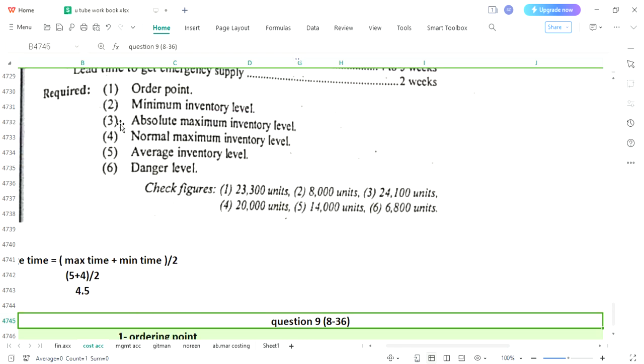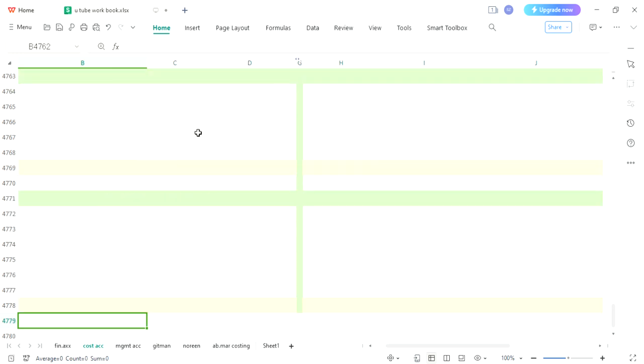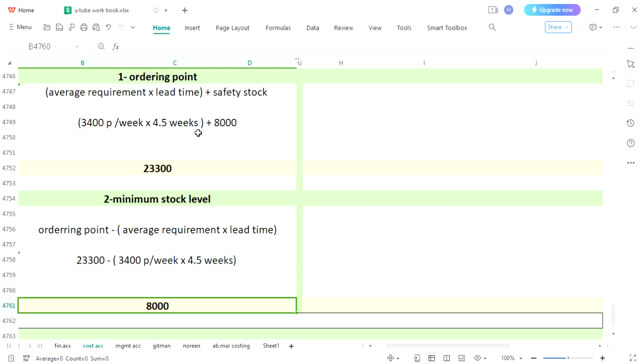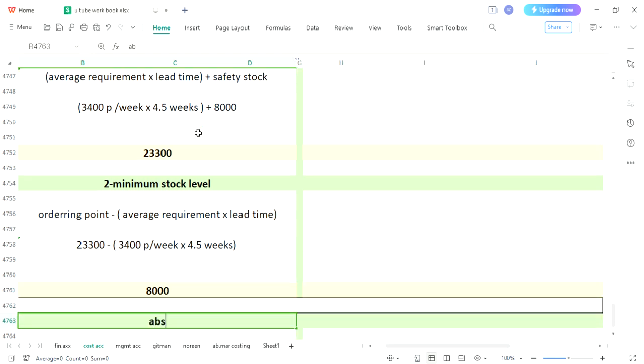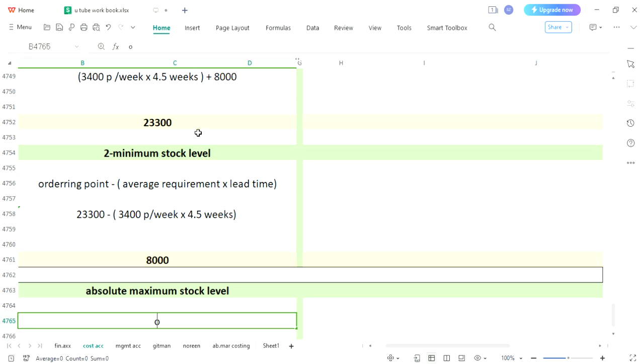Now we are going to calculate our third requirement, the absolute maximum stock level, and it has a formula. We will relate to the ordering point or ordering level, and then we need to subtract, opening the brackets, the minimum requirement.